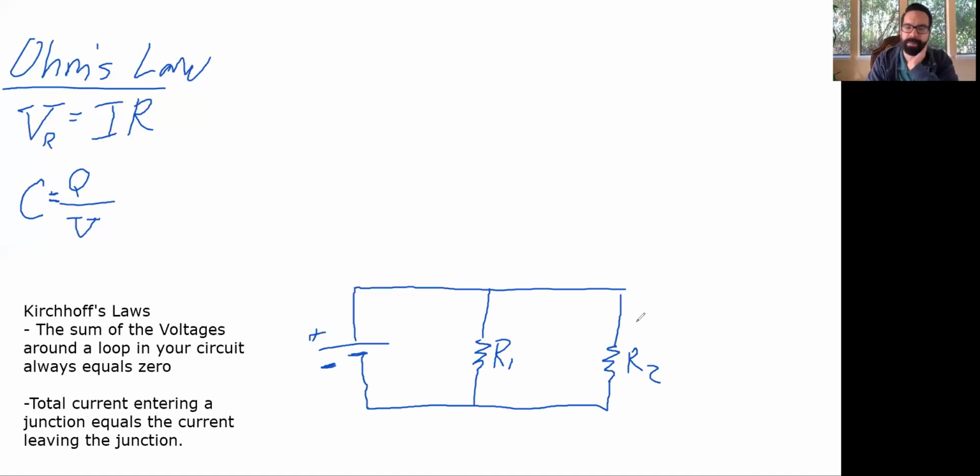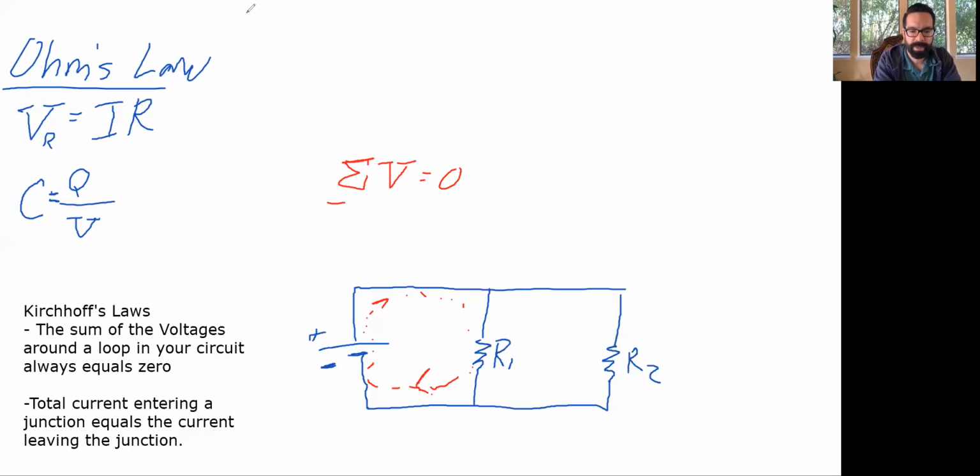Okay, so let me apply these two laws. The first one is the loop law. Loop law says that if you go in a path, and we're going to talk about this more in detail today because I just introduced it last time, that total voltage is going to equal 0. So the sum of your voltages is going to equal 0. We have two voltages here.